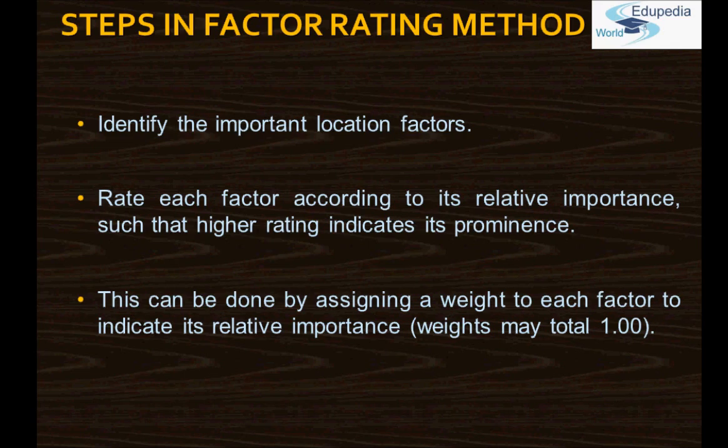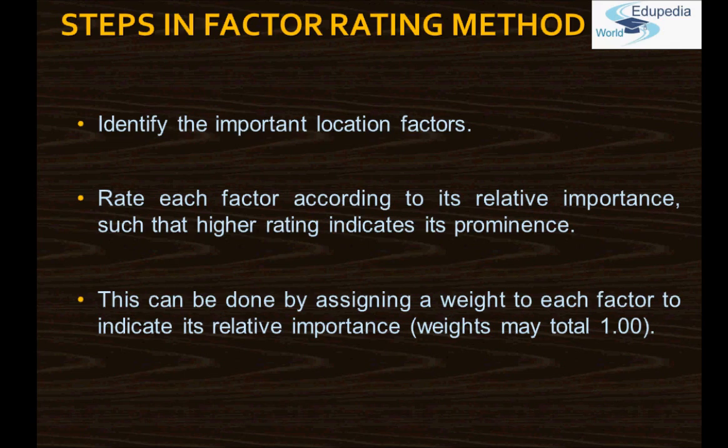We can use a weighing method where the weights could total up to 1, or it could be even more than that. We can assign these weights to each factor depending on their importance. If a factor is more important to us, we'll assign a higher weight to it, and if it is less important, we give a lower weight.